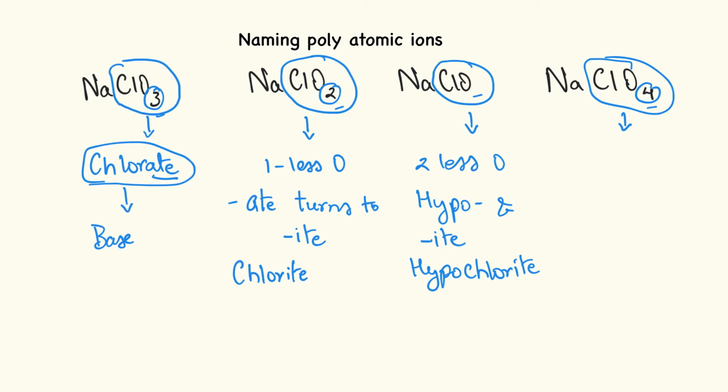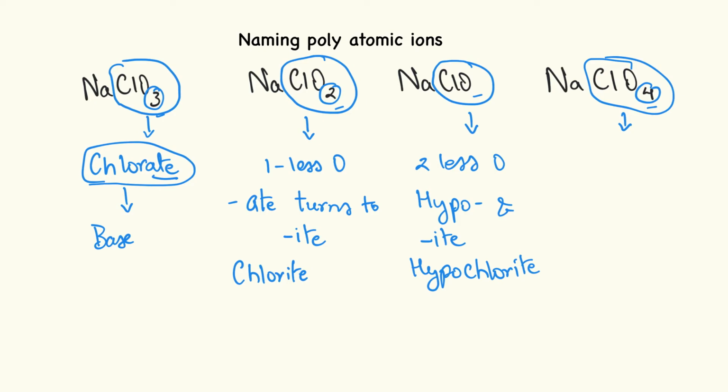In this last example, you will notice that I have 1 extra oxygen compared to the base ion. In the base ion, you have 3 oxygens, and in this example, I have 4 oxygens. So now, in contrast to the first 2 modifications of the base ion, this third modification is where you have 1 extra oxygen.